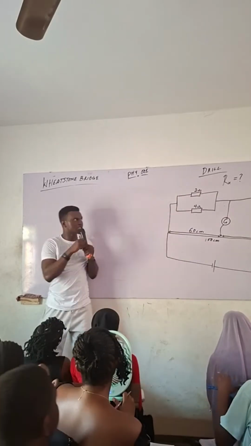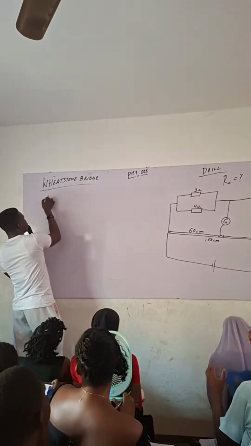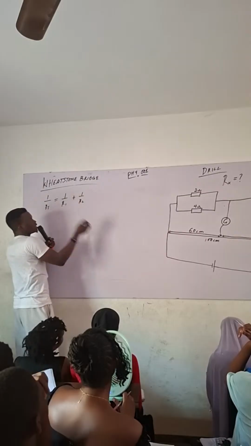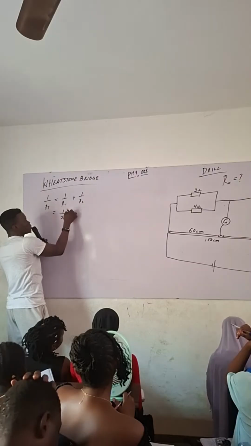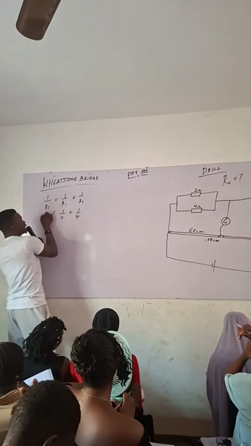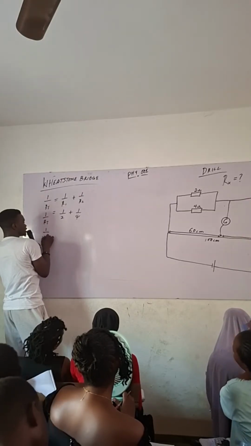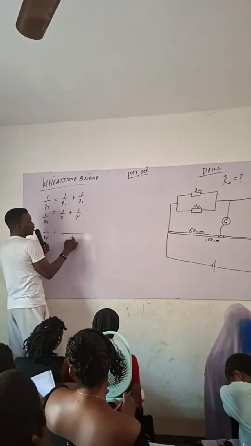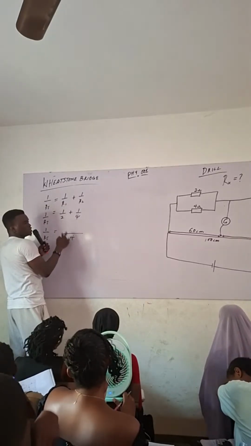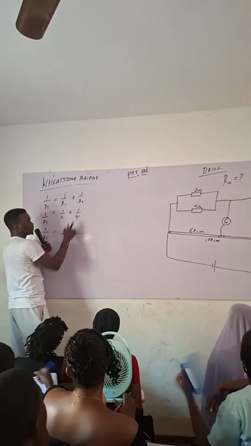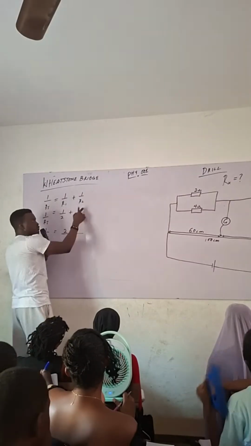You will say that 1 over R total is equal to 1 over R1 plus 1 over R2. That means 1 over 2 plus 1 over 4. So 1 over R total: 2 in 4 is 2, 2 times 1 is 2, plus 4 in 4 is 1, 1 times 1 is 1.